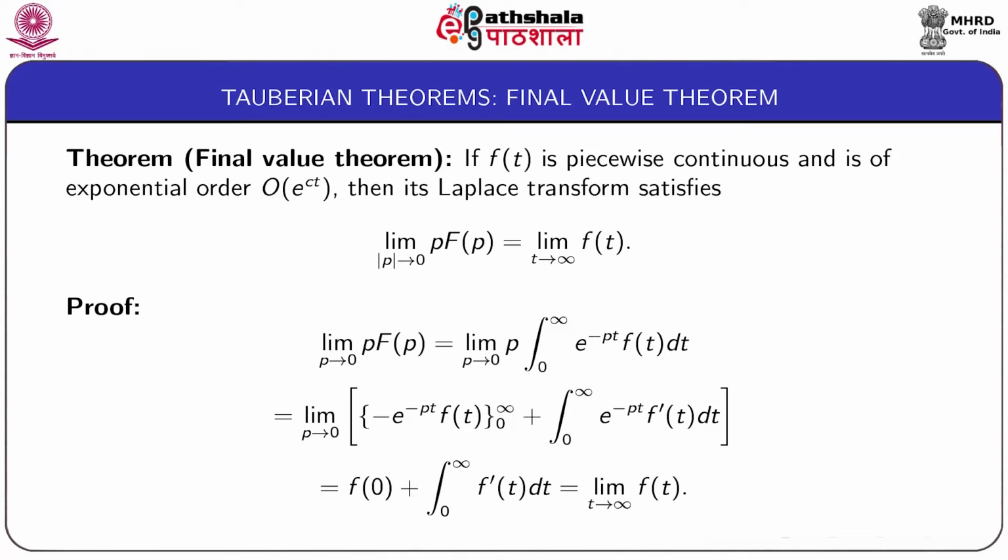Now the second integral can be evaluated and we get limit p tends to 0 of p F(p) as limit t tends to infinity of small f(t). So this proves the final value theorem.